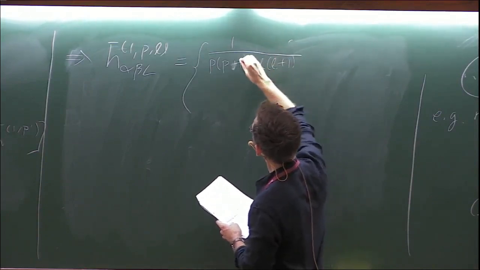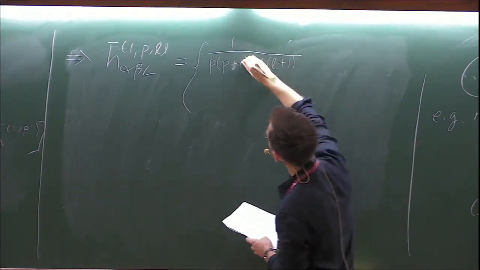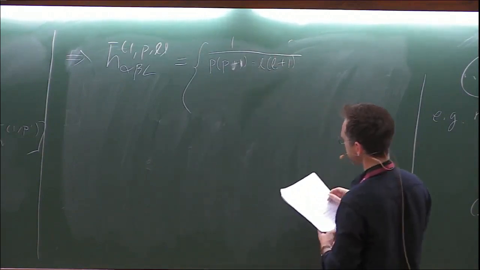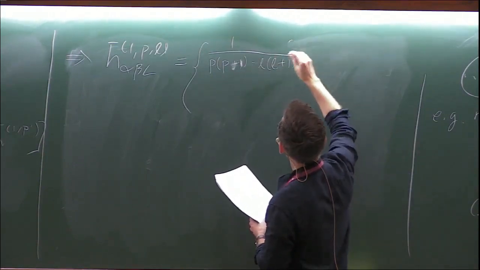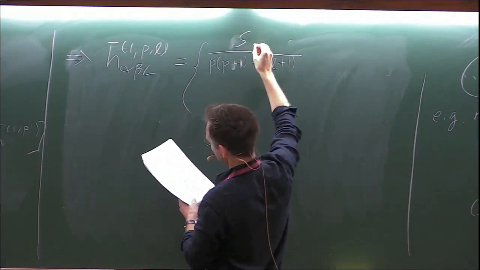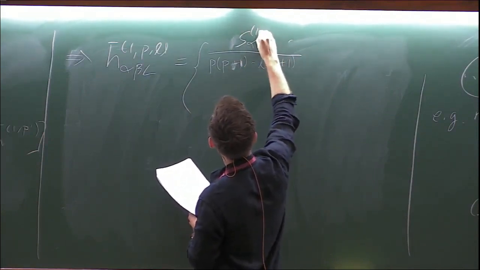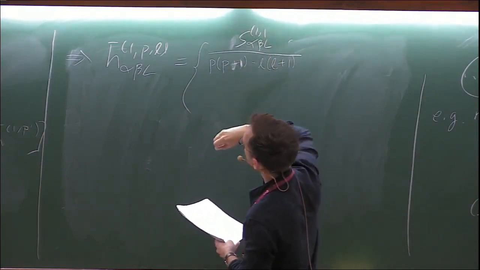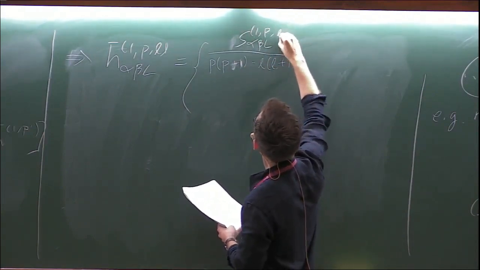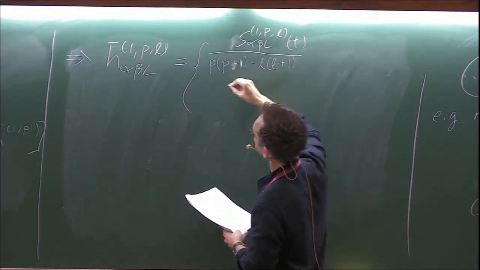So I'm just dividing both sides by this factor that was on the left. And now on top, we've got S alpha beta L 1 p l, just a function of time.